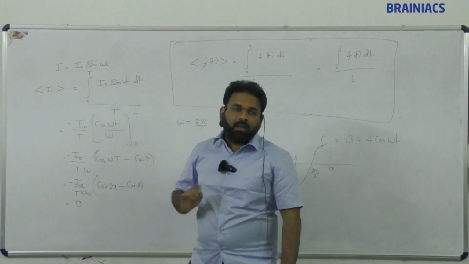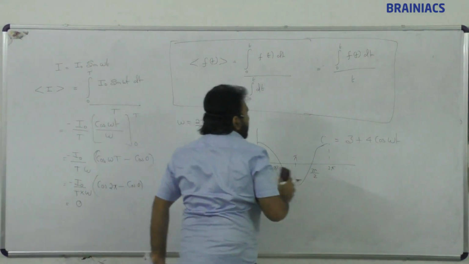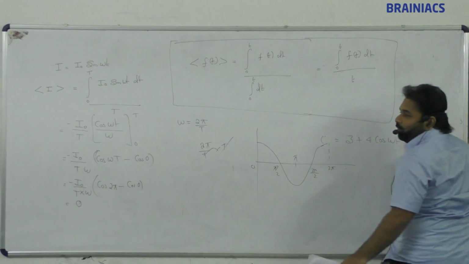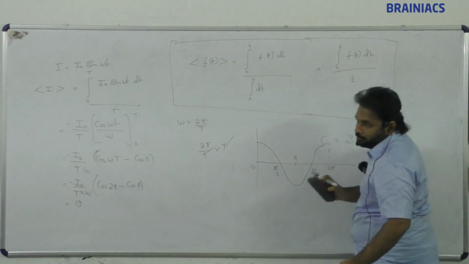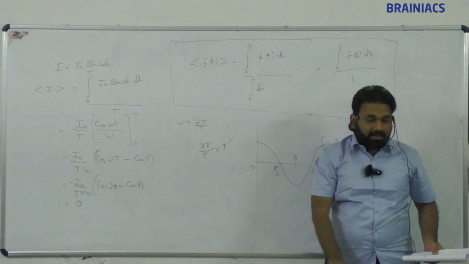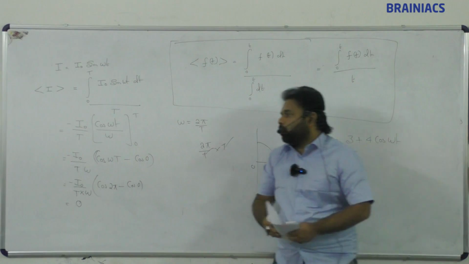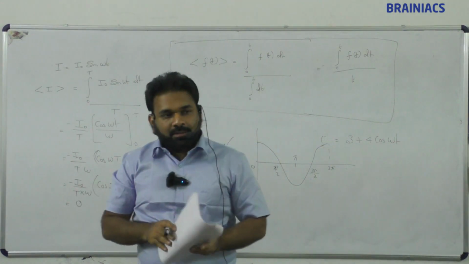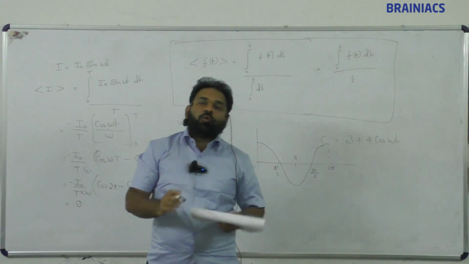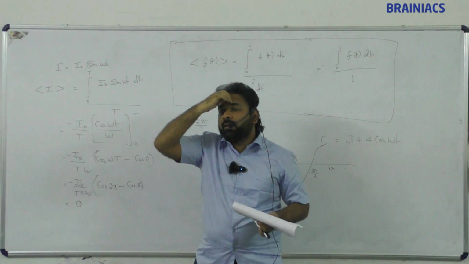Clear? Now, for a full cycle, this is the problem. For a full cycle, if we try to find the average value, we are getting 0. So one thing is sure, put this in your mind: the average value of sine and cos for a full cycle is going to be 0.